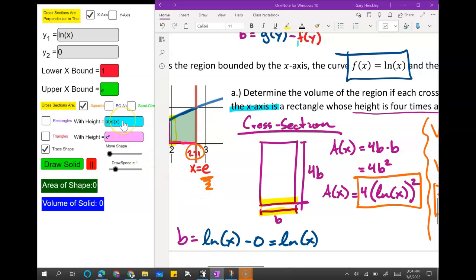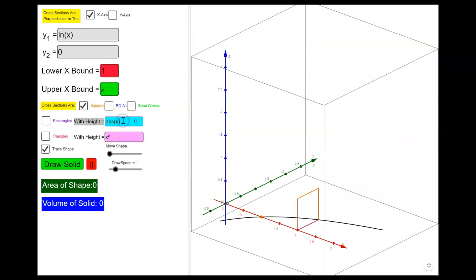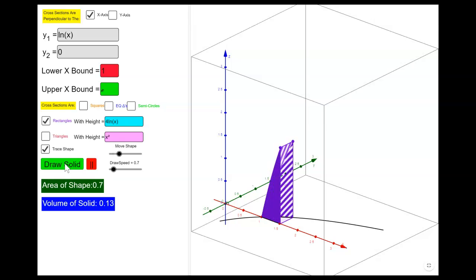So I should be able to just put 4 ln of x. Do that rectangle. Hopefully I'm going to change this just a little bit. It should draw that solid. Perfect. It's exactly what I want.